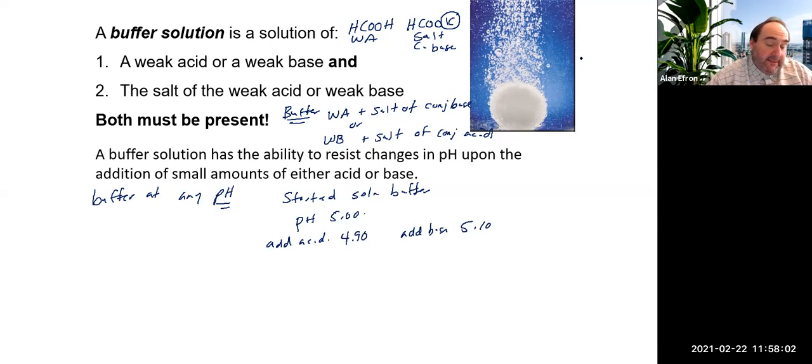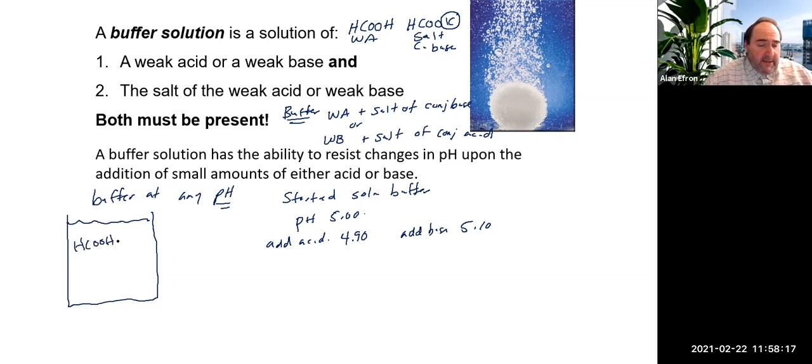And really the reason it's able to do that is because both of those things are in there to begin with. So if we were to make a buffer, for example, out of the problem we just did, what it means is we would have floating around in that solution some of our acid, and we would also have some of our base floating around there, and we also have some spectator ion floating around.